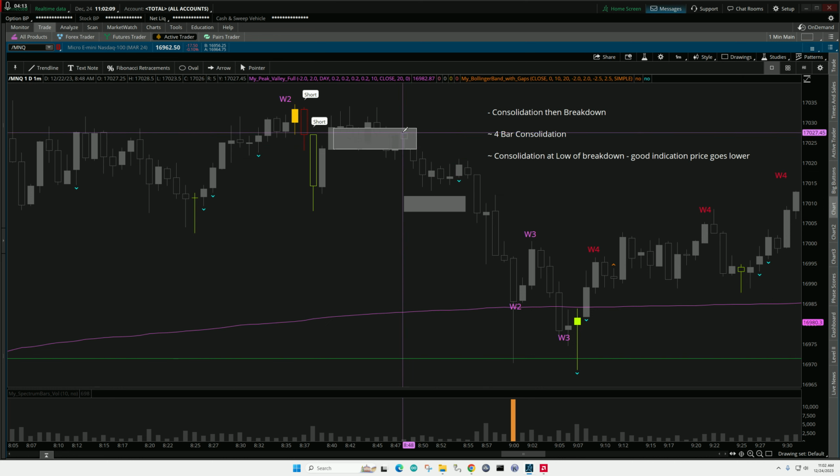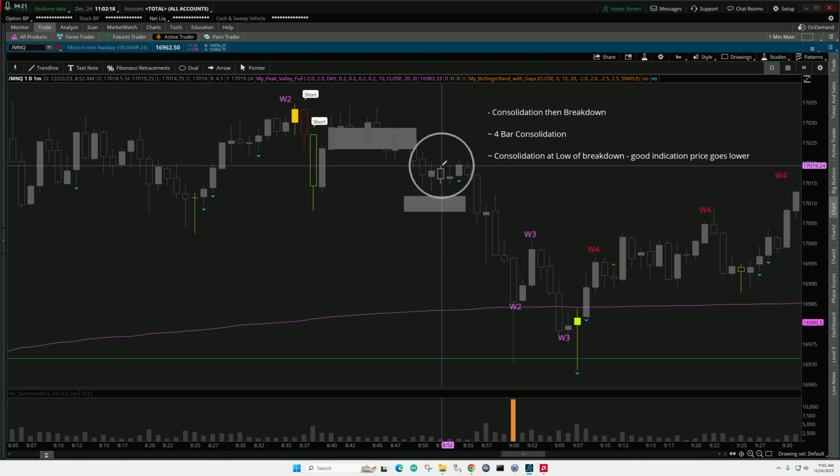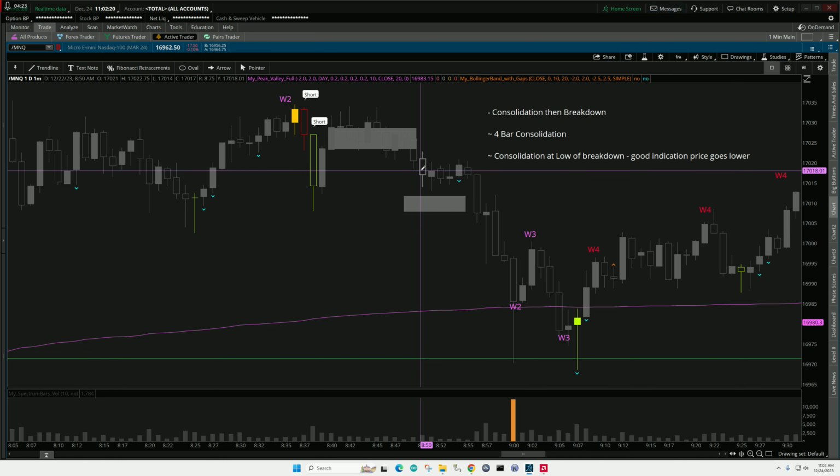So we're breaking out of consolidation, breaking down, and now I'm looking for 4 bars of consolidation, 4 bars that all intersect. So from the top of this candle to the bottom of this candle, looking left and looking right, can I overlap four bars? So yeah, the middle of this bar has price action that goes all the way down to here. Same with this candle. It's basically engulfing this one, and this engulfs the next one, and that covers our 4 bars.